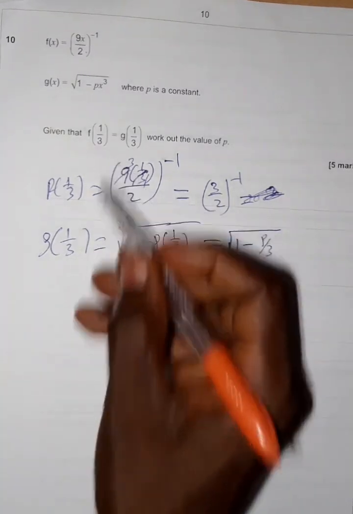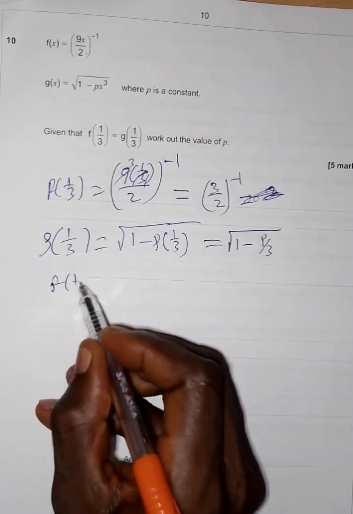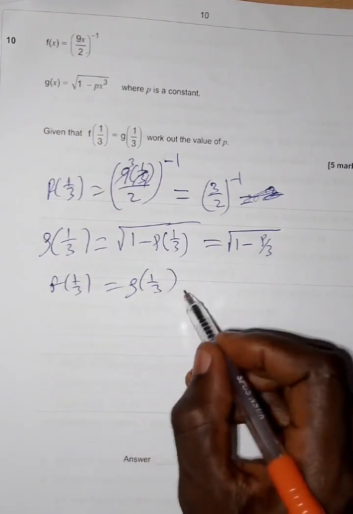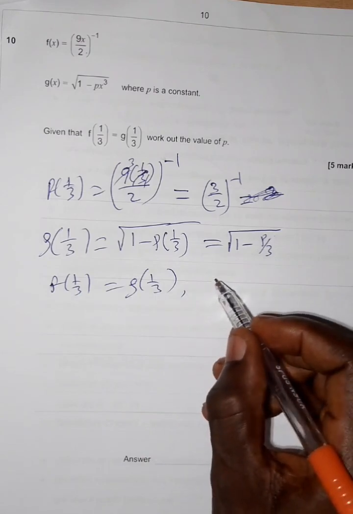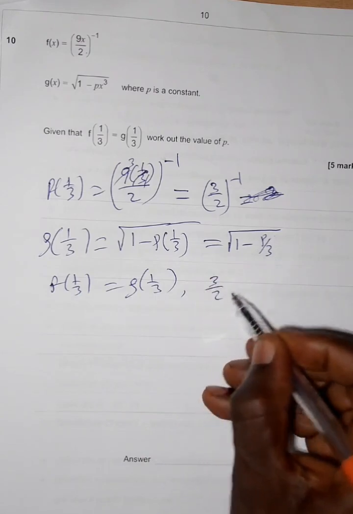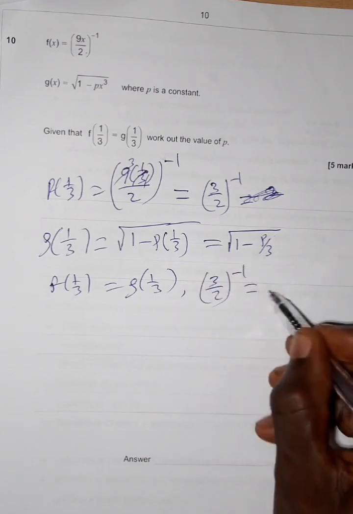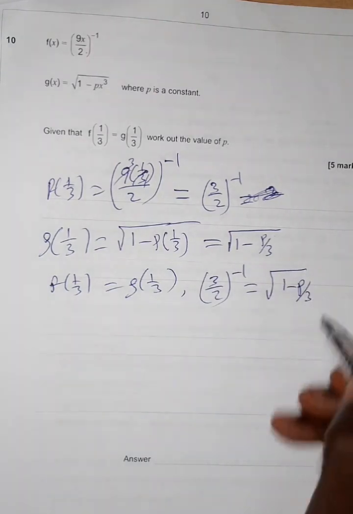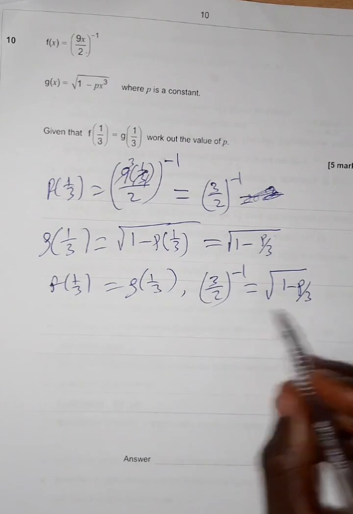So we can now equate this. f of 1 over 3 equals g of 1 over 3. Then this will give us the same thing as 3 all over 2 in bracket to the power of minus 1 equals the square root of 1 minus p over 3. So in this case, we square both sides.